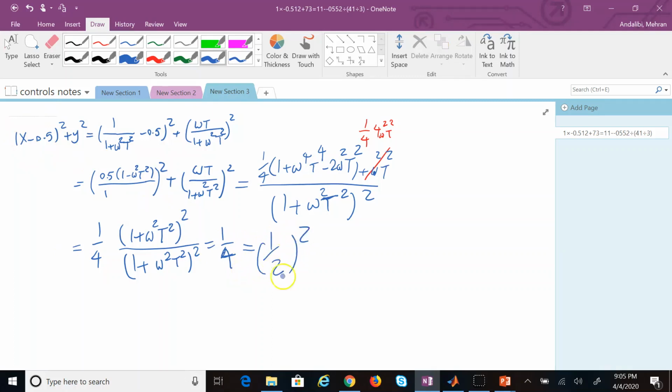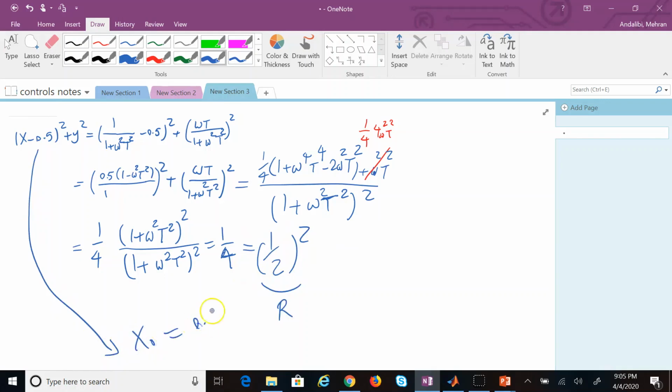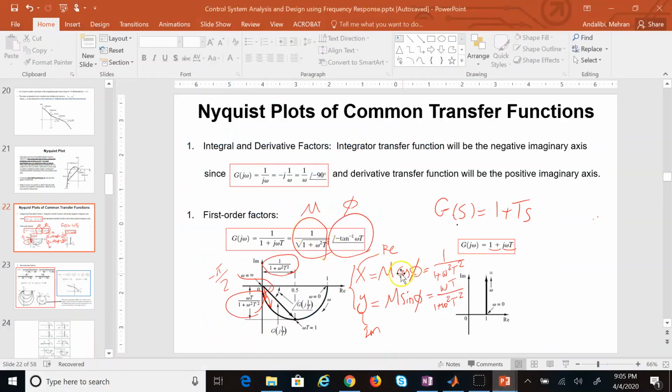So you see that that is the radius, and the center is x0 equal 0.5 and y0 equal 0.